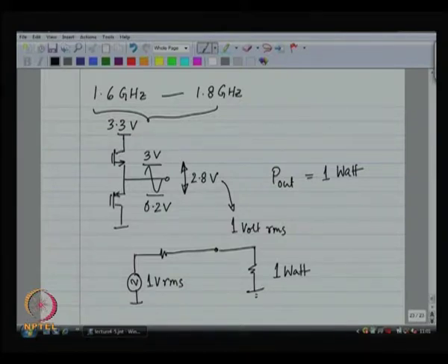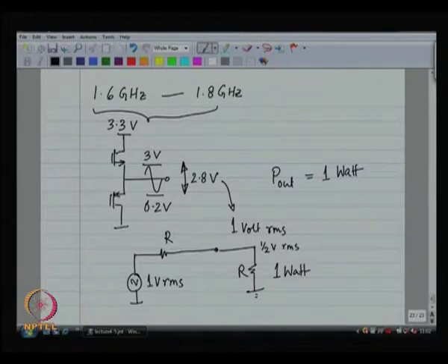So, to do that, you have to have maximum power transfer, which means the source resistance should be equal to the load resistance. So, if this is R and this is R, then I get half a volt over here RMS, which means V squared by R has to be equal to 1 watt, right.